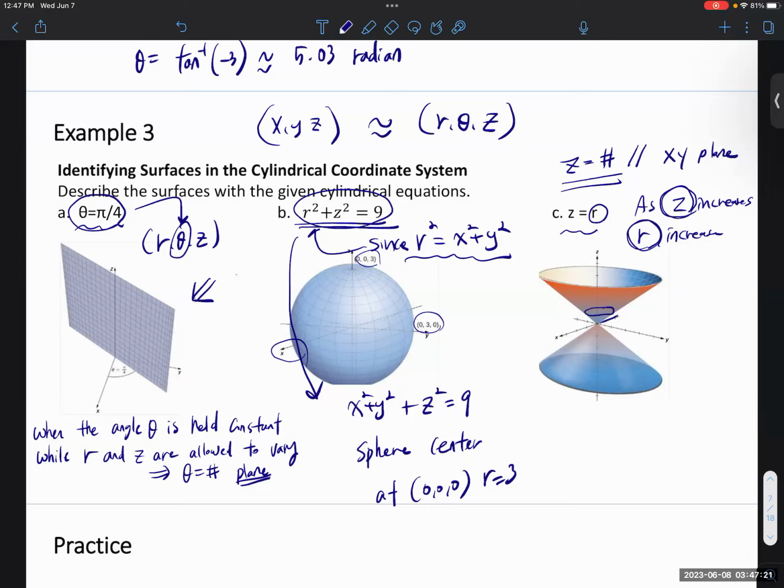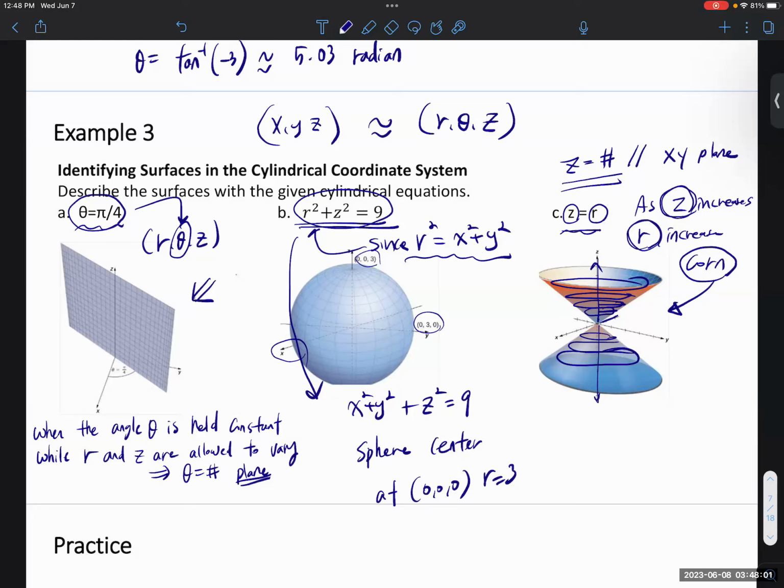So we have a circle, and at the bottom, what happened? As r increases, z also increases. So this is going to be a cone shape. If you are decreasing z, the radius decreases, it's symmetric. So if z increases, r increases, z decreases, r decreases. So in this case, you will find the cone shape like that. That's z equals r.